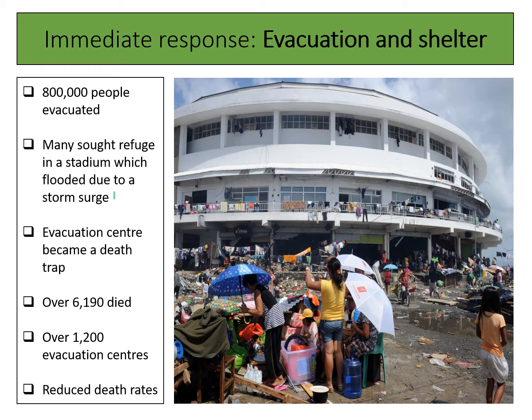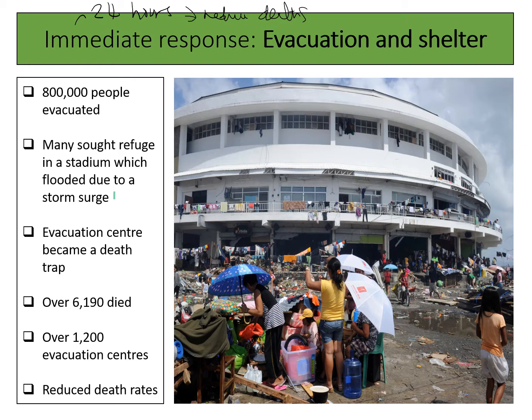Now, an immediate response is important because it's what they do instantly, within the first 24 hours, to try and reduce deaths. So they're trying to save lives. The first immediate response is that they evacuated over 800,000 people, and they put a lot of these people into a refuge stadium in the city of Tacloban.